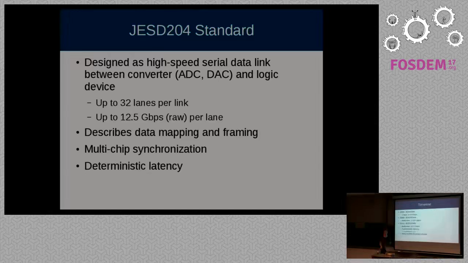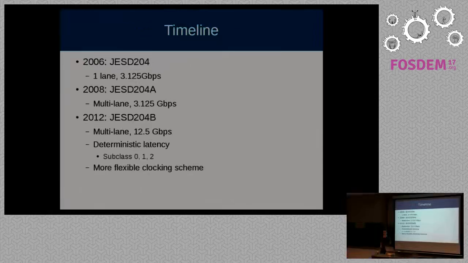Quick timeline. JESD204 went through 3 revisions. There was the first one in 2006, and it only had one lane, running at only 3.125 gigabits per second, and people quickly figured out this is not enough. So in 2008 there was the first revision, JESD204A, and they added support for multiple lanes. But it became pretty apparent that it's still not enough.